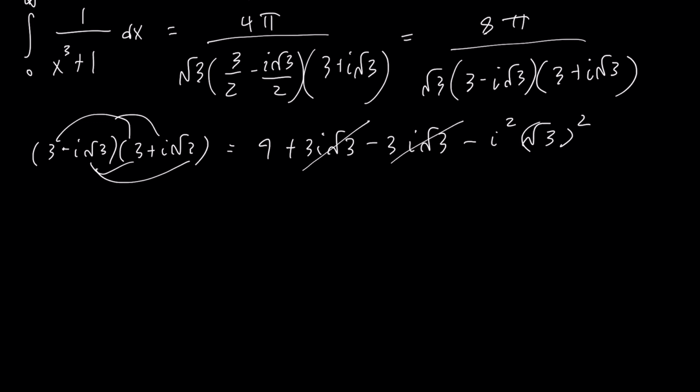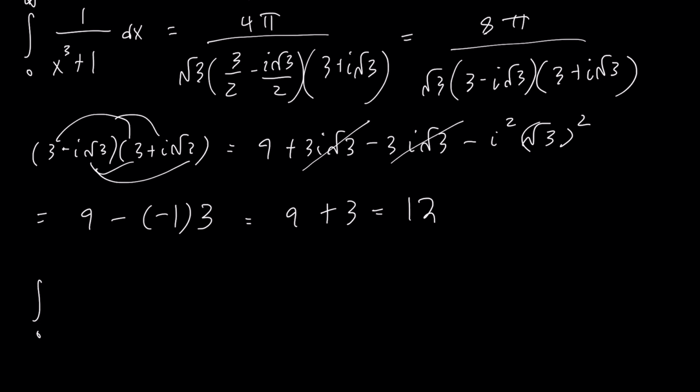The imaginary parts cancel when we have a 9 minus negative 1, and the square root of 3 squared is just positive 3. So we're going to have 9 plus 3, and that's going to be 12.